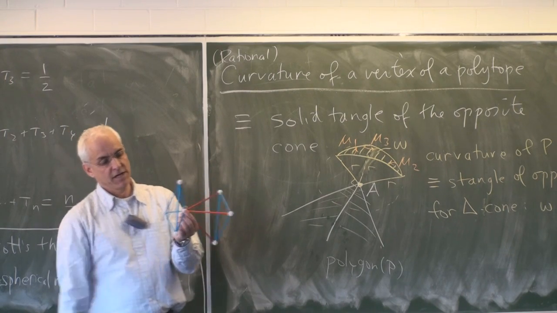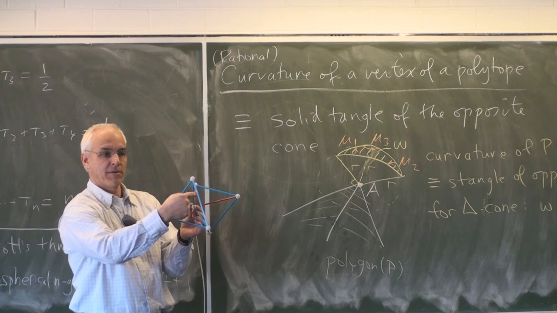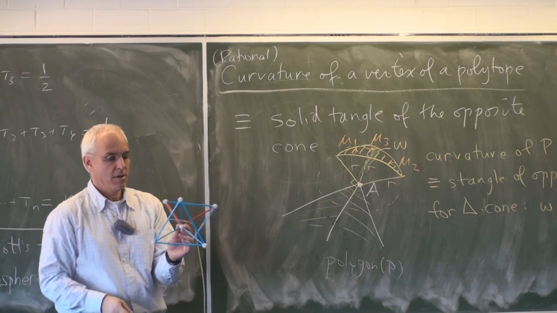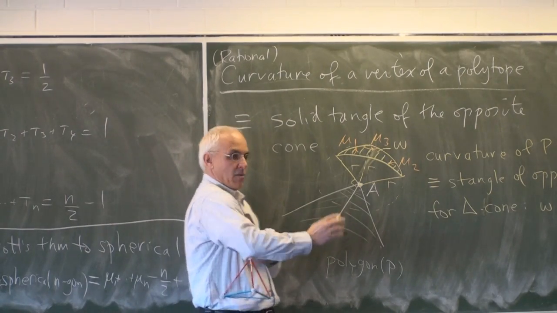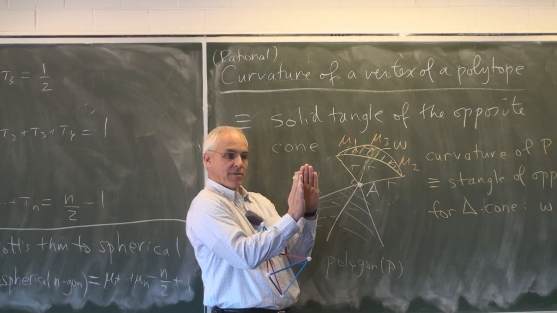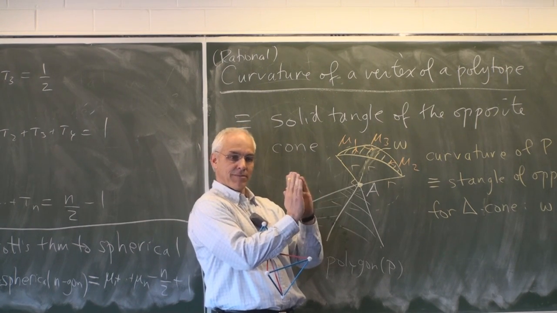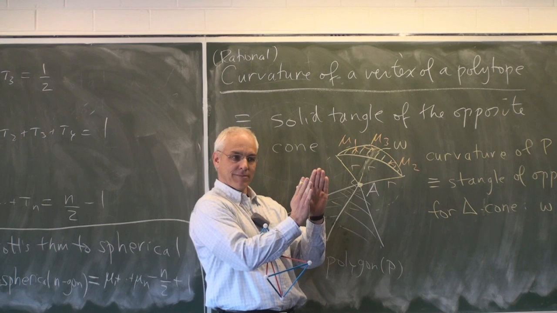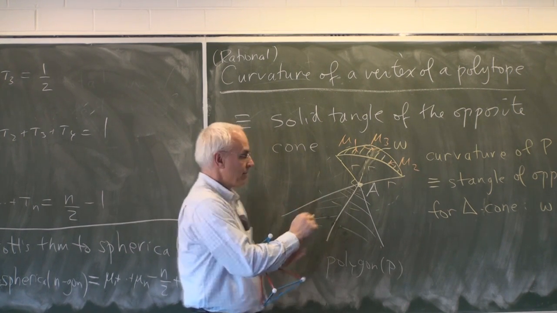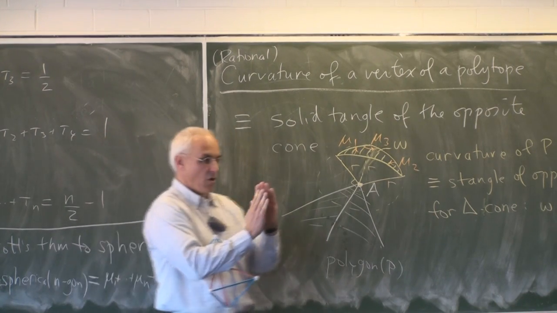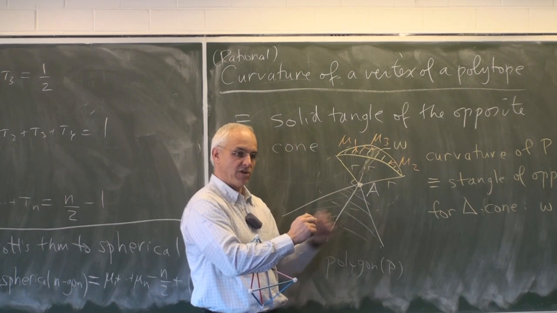So what's involved in this measurement is this tangle here. And what is this tangle? Well, it's the tangle between these two planes forming the sides of this cone. And the sides of the cone are perpendicular to the edges of the original polytope.